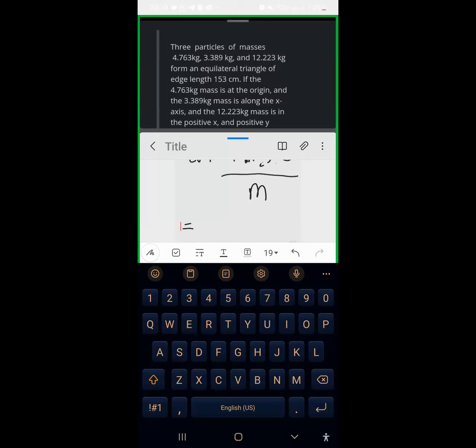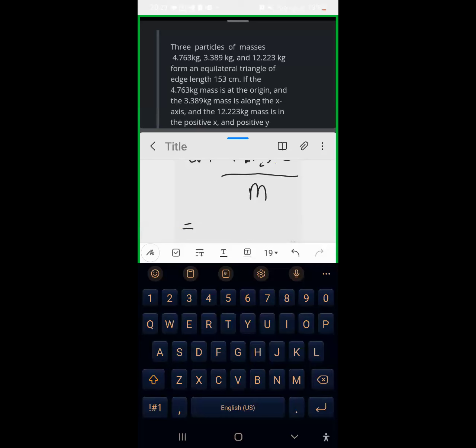When you substitute all these values on your calculator, you get the center of mass. Let me punch it: 3.389 multiplied by 153, plus the last one, 12.223 multiplied by 76.5, divided by the total mass, which is 4.763 plus 3.389 plus 12.223.